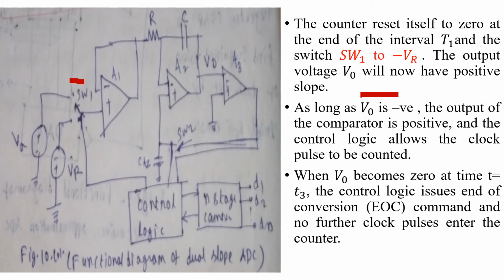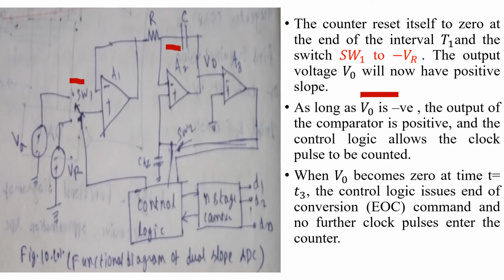What happened first? Initially SW2 is open. The control logic forces the counter to count down, and switch 1 is connected to VA. So this integration process continues for 2 to the n cycles, because the counter continues up to 2 to the n cycles.